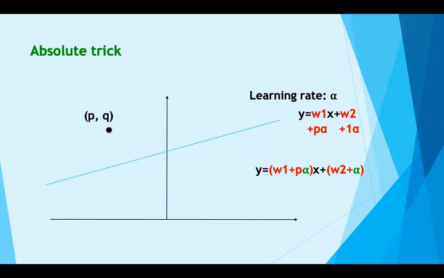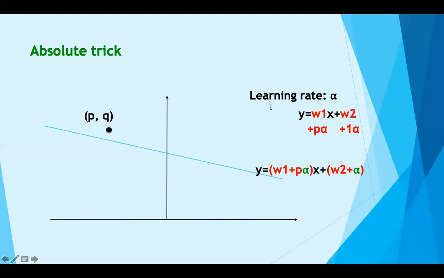First, the line will move up due to 1 times alpha, and the line will move in this direction because the slope will become W1 plus P alpha. It is W1 plus P alpha, but P is a negative number, so the slope will effectively be W1 minus P alpha. So that is the reason P is added to the slope.